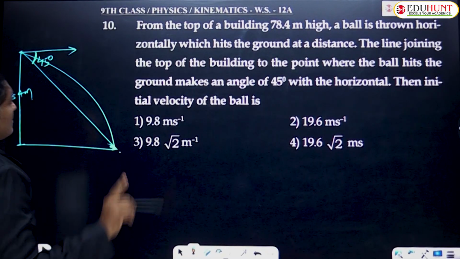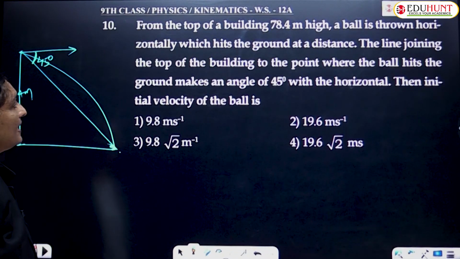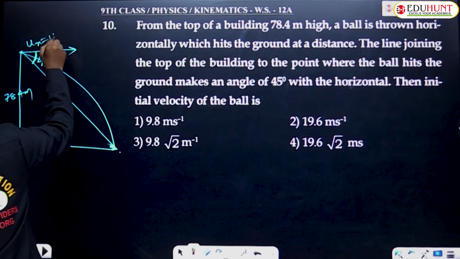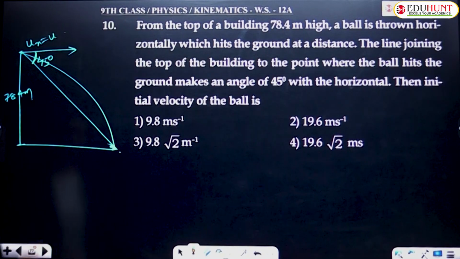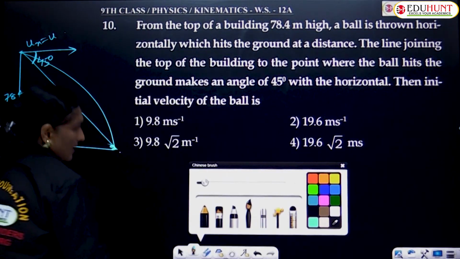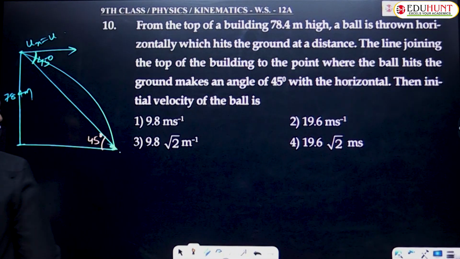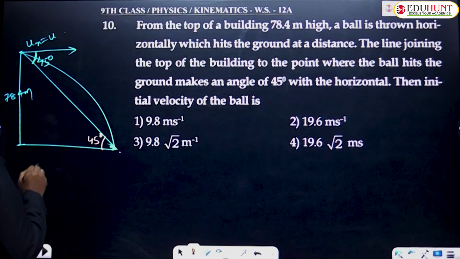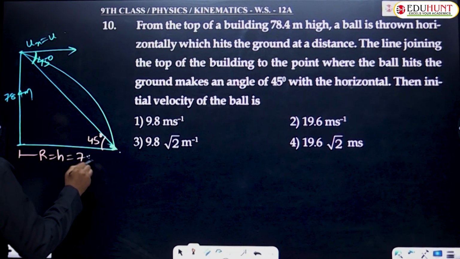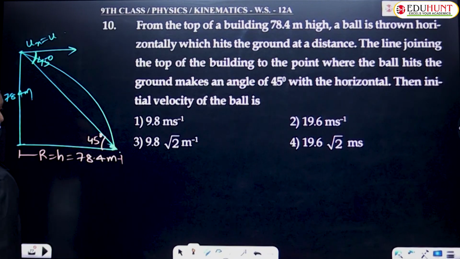Whenever it is 45 degrees, we know that range is equal to height. Then you are asked to find the initial velocity of the ball. Okay children, if this happens to be 45 degrees, we know that the angle below here is also 45 degrees. In this case the range must be equal to height, which is 78.4 meters. Okay, that we have discussed earlier.